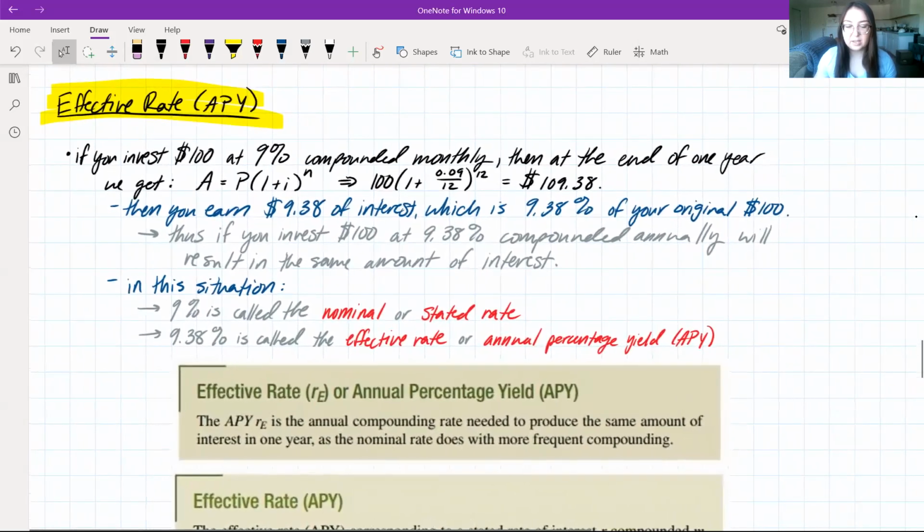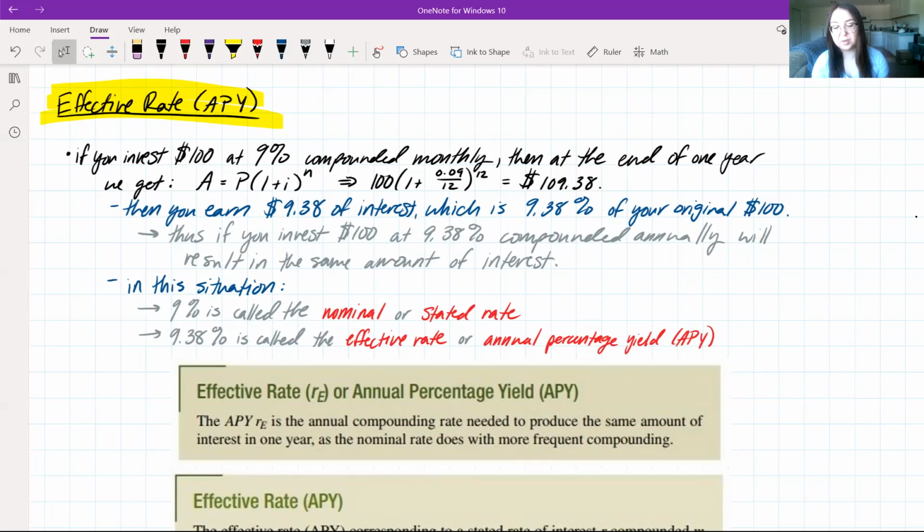So we see here what was called the effective rate, or the APY. If you invest $100 at 9% compounded monthly, at the end of your year, once you calculate everything, you'll end up getting $109.38. This means that you earn $9.38 of interest, which is 9.38% of your original $100.